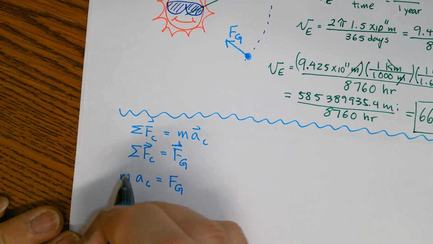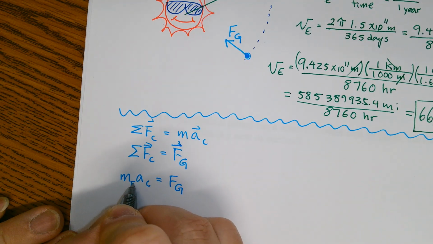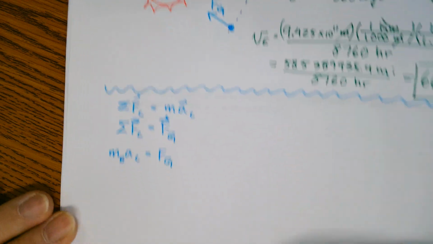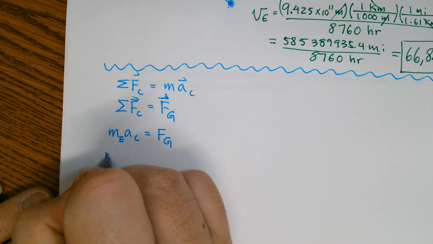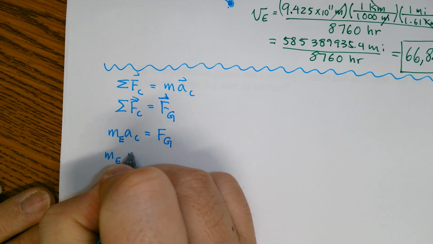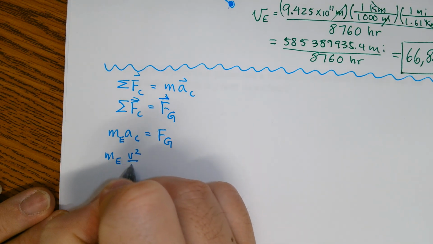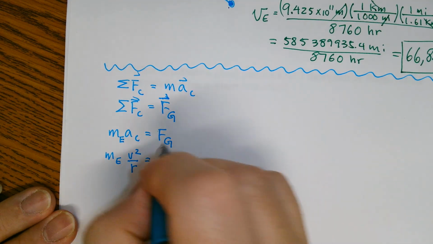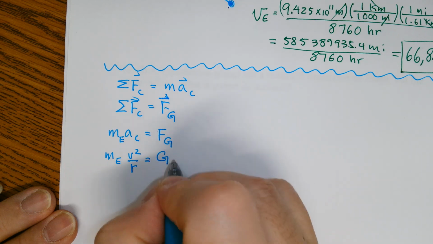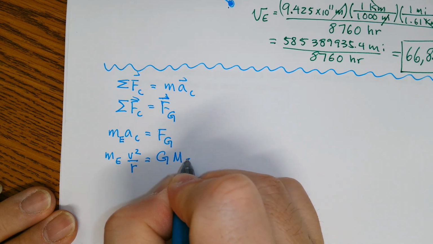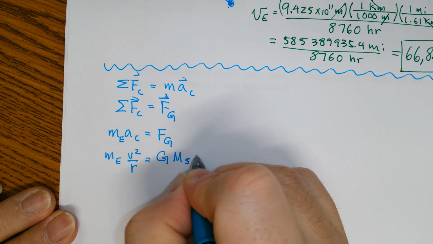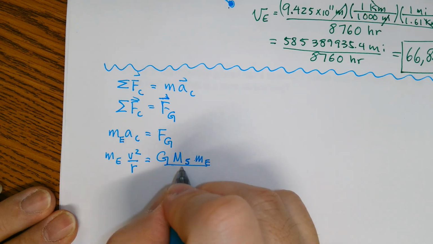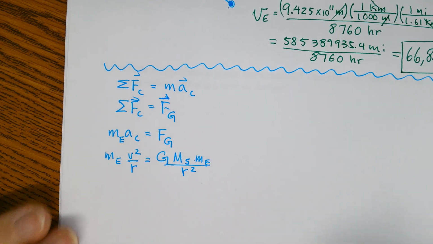This mass here is the mass of the Earth, because Earth is the one that's going around in a circle. So here, the mass of the Earth times V squared over R is equal to G times the mass of the Sun times the mass of the Earth divided by R squared.